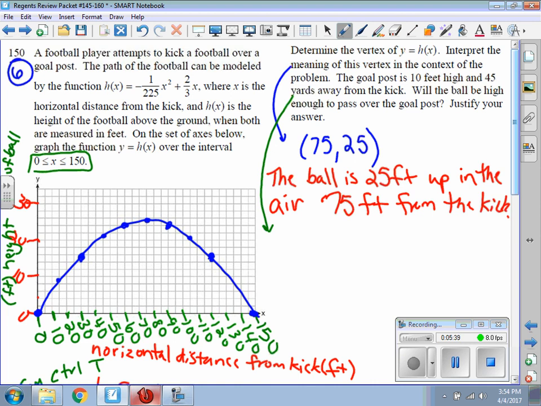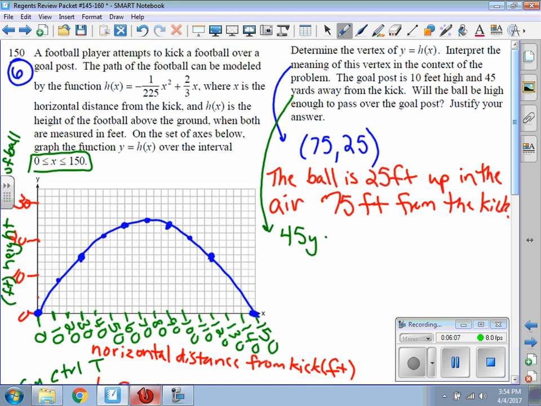Will the ball actually be high enough to go over the goalpost? The goal is 45 yards away from where it's being kicked, but we measured along the x-axis in feet. So I need to know, all right, 45 yards, how many feet is that?